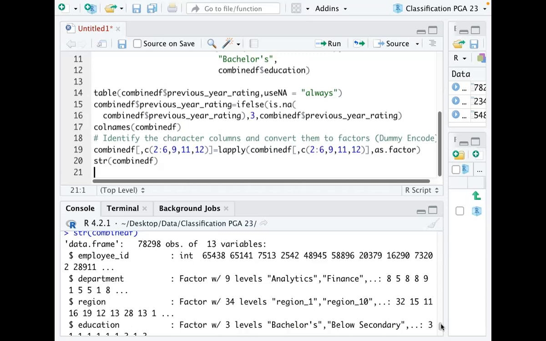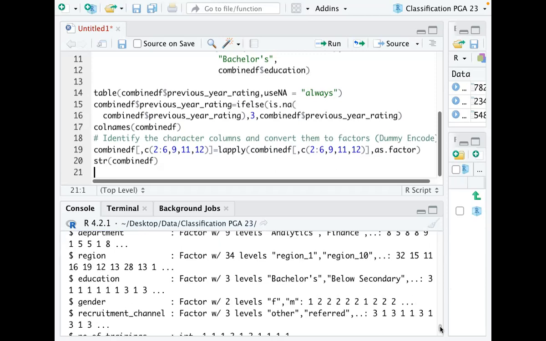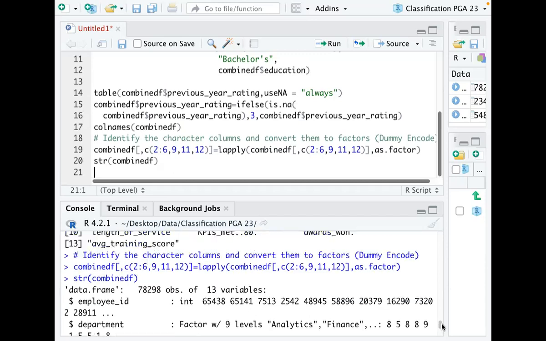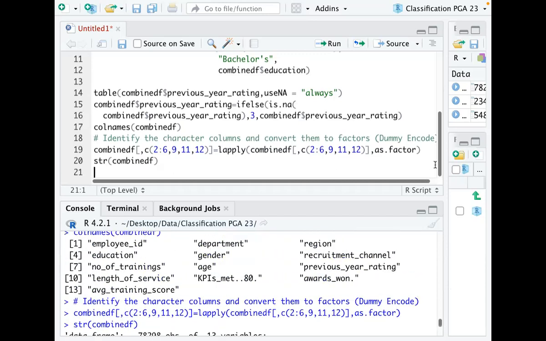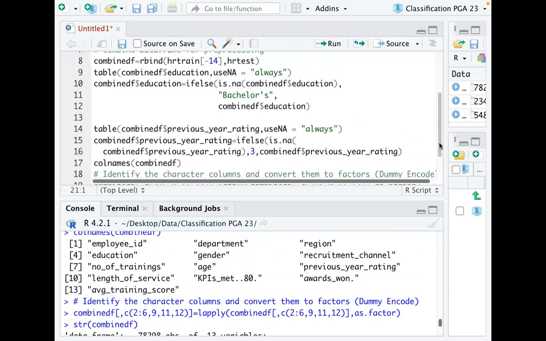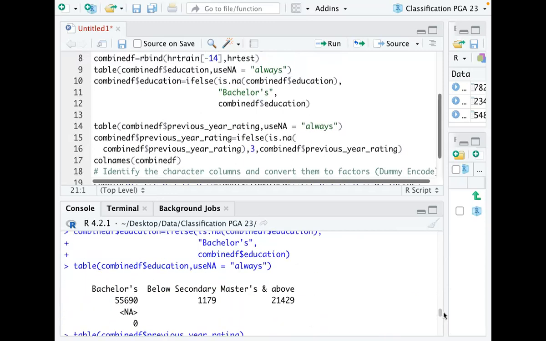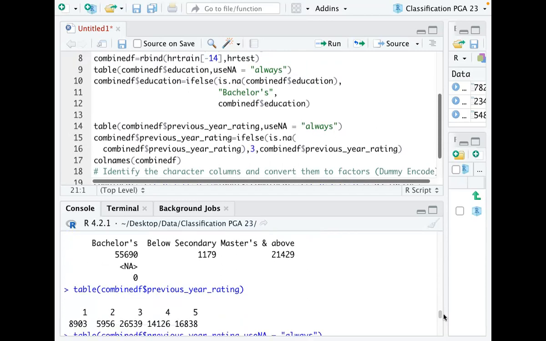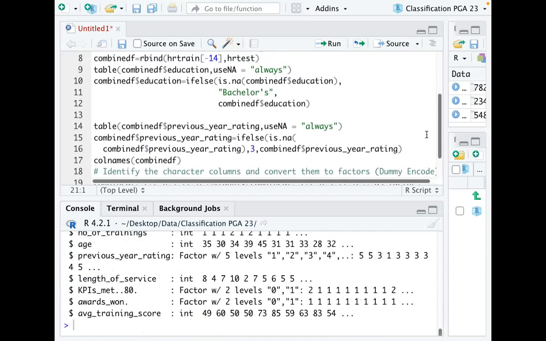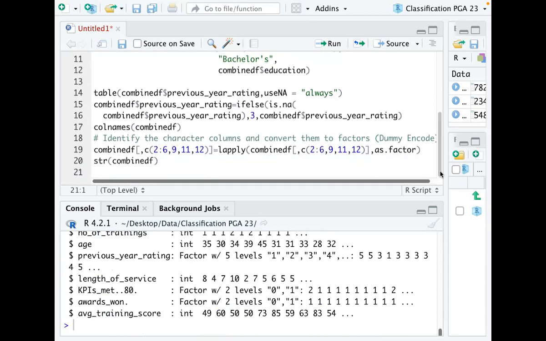What happened? Which one? Education. Education has only 3 levels, no? Bachelor's you have to give correctly. Single quote and copy paste the bachelor's.